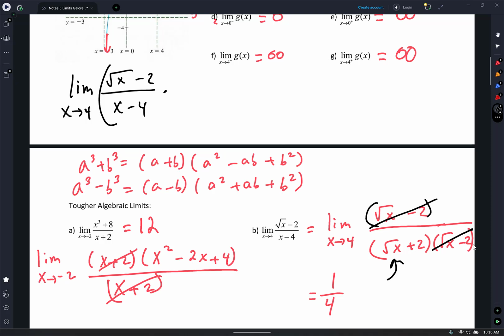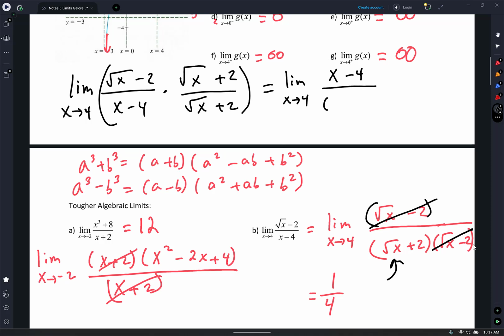You could have gone times the conjugate of the square root of x minus 2, so square root of x plus 2 over square root of x plus 2. So now, in the numerator, that just looks like this. Limit as x approaches 4 of x minus 4 over, and then don't distribute the bottom, just leave it like that.